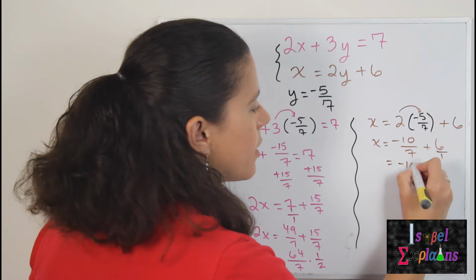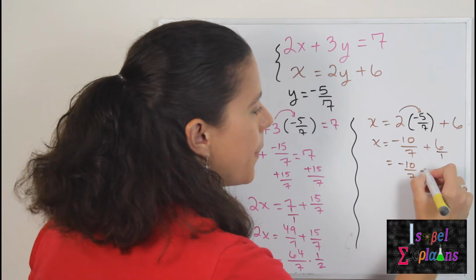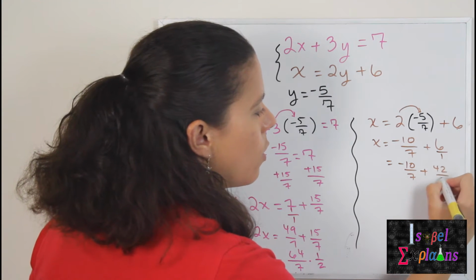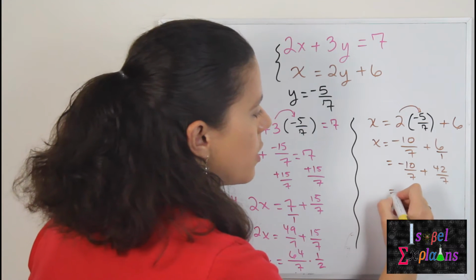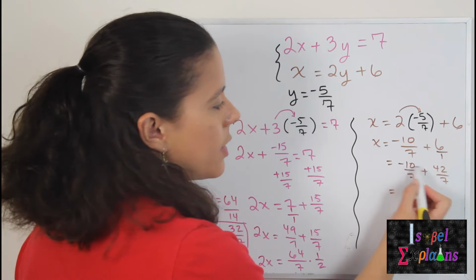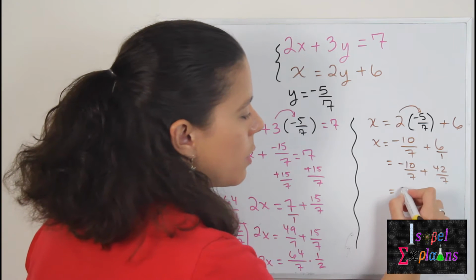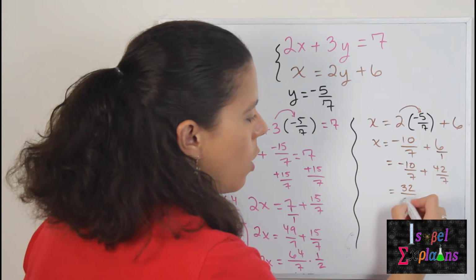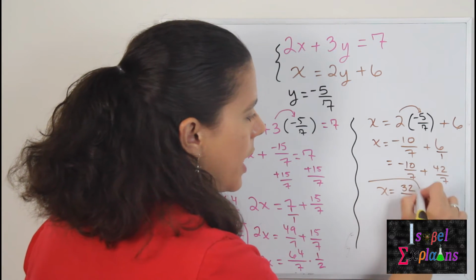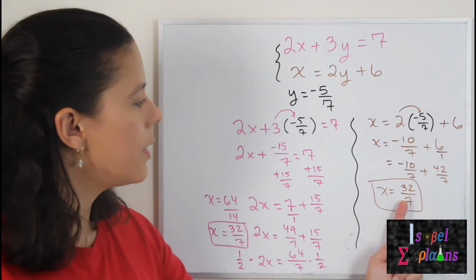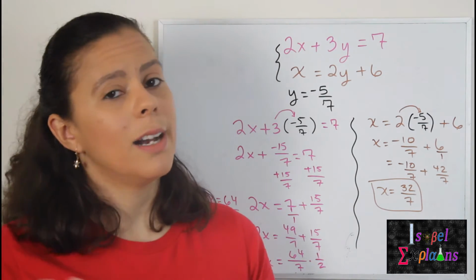And then this is going to be negative 10 over 7 plus 42 over 7. So this is going to be equal to negative 10 plus 42, which is 32 over 7. So x is going to be 32 over 7. See how we get the exact same answer on both sides.